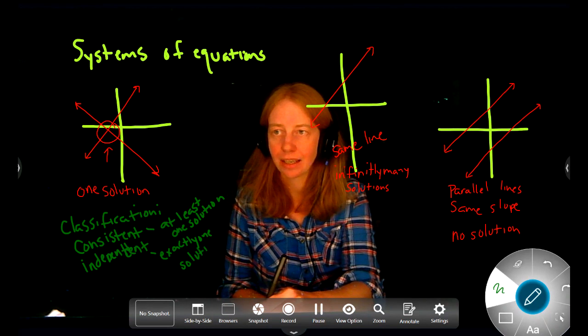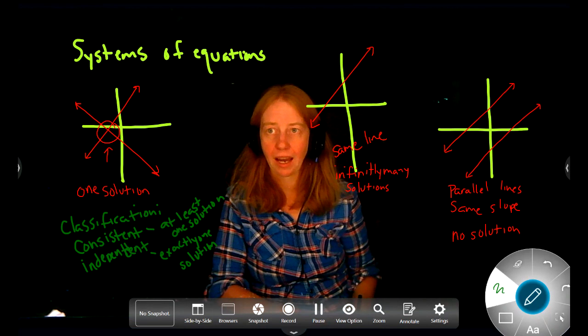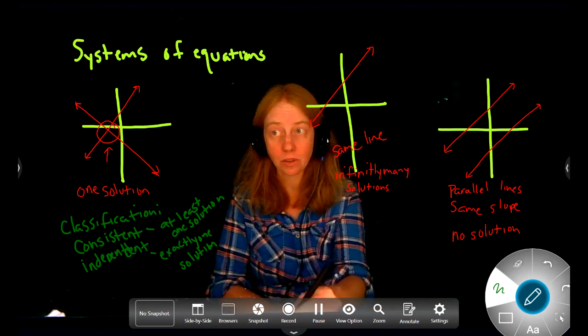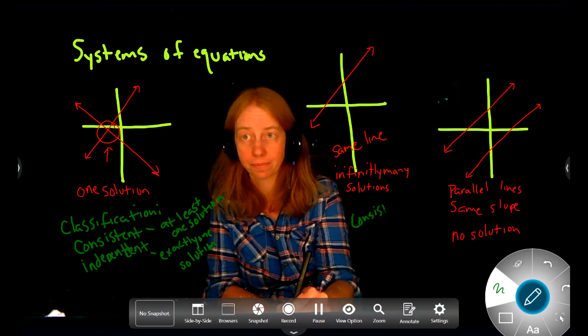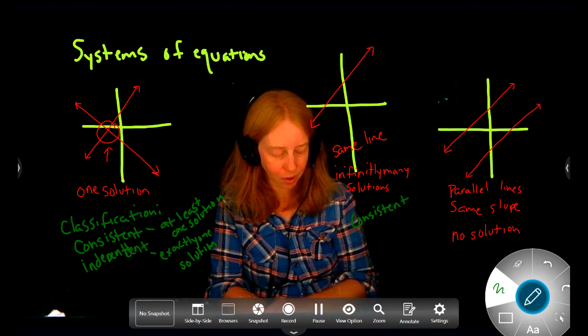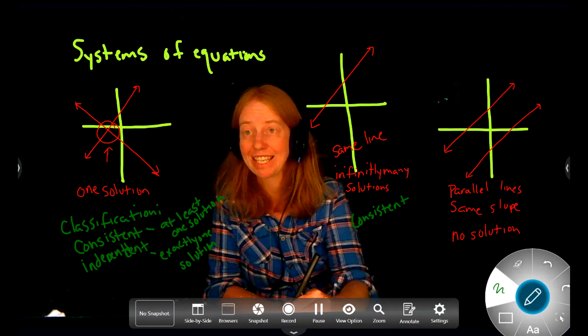So let's look at this second one with these definitions in mind. We have infinitely many solutions. That means it definitely has at least one, so it is also consistent. Does it have exactly one solution? No, it does not. So instead of independent, we say dependent.